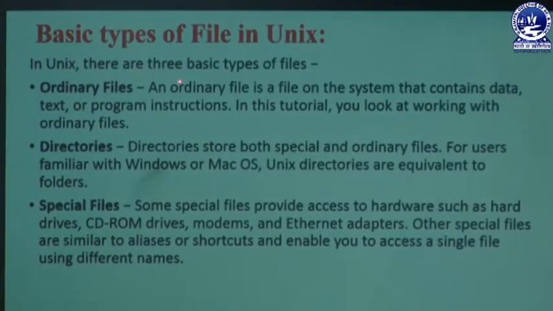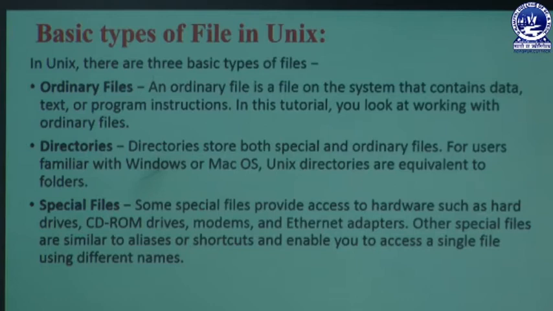In this UNIX system we have three basic types of files: ordinary files, directories, and special files. Then what is the real meaning of ordinary files? Here an ordinary file is a file on the system that contains data, text, or program instructions. In this tutorial we discuss some techniques for ordinary files.